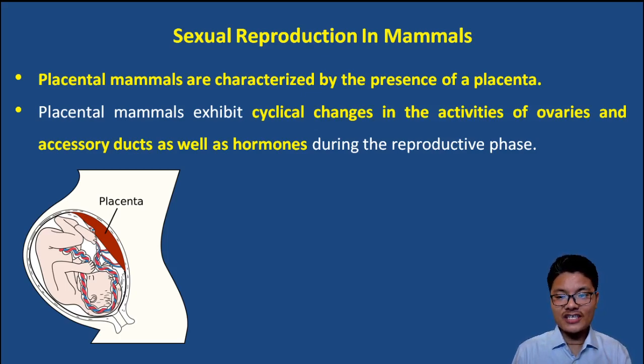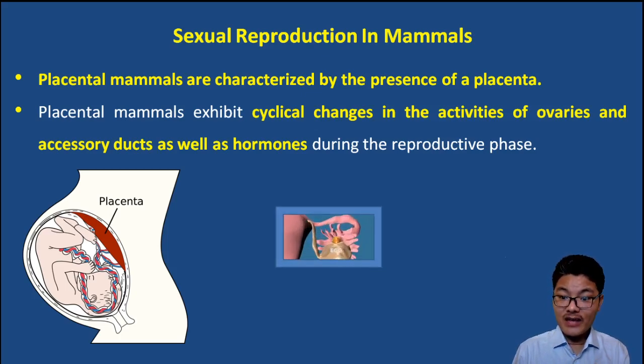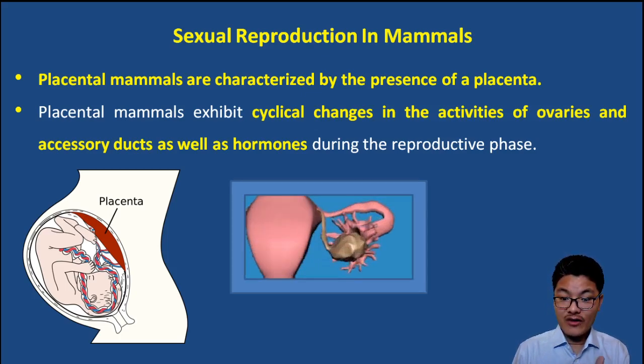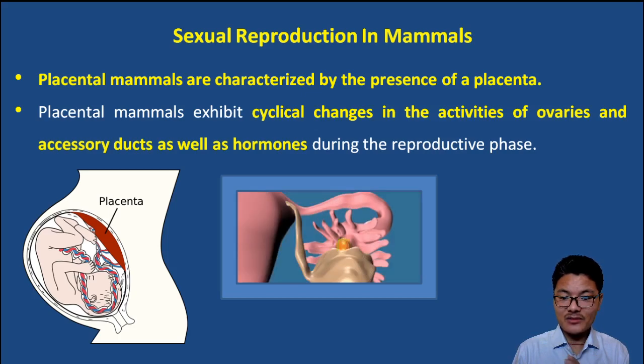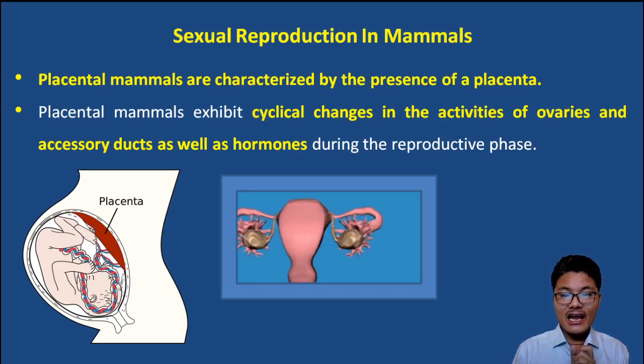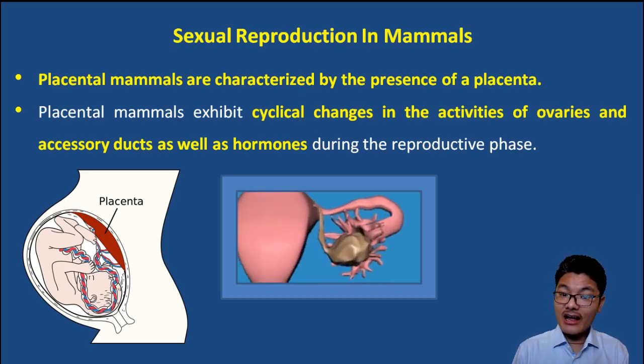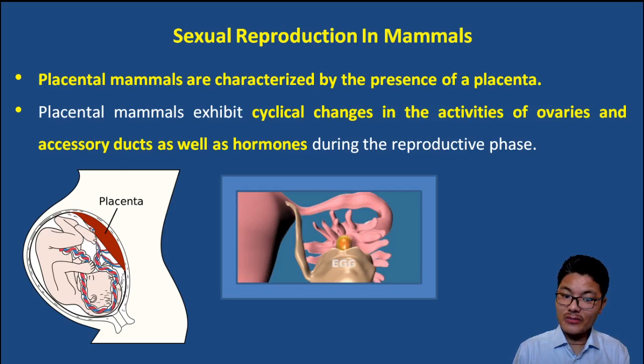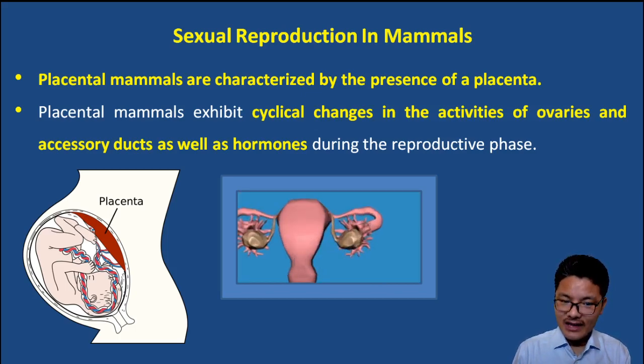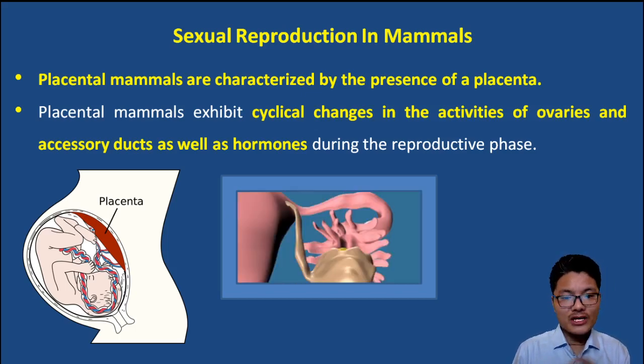Those changes are unique in terms of reproductive structures. In the females of all these animals, they show different cyclical changes in the ovaries and its accessory ducts, the fallopian tubes, and there are different hormonal changes occurring.